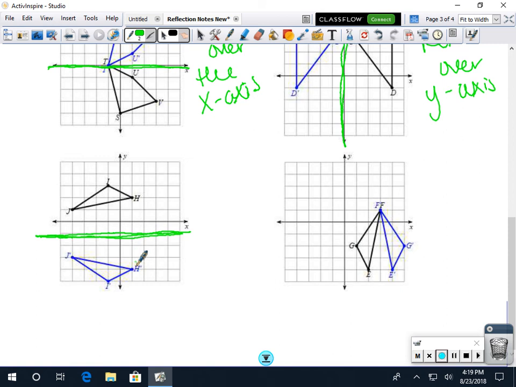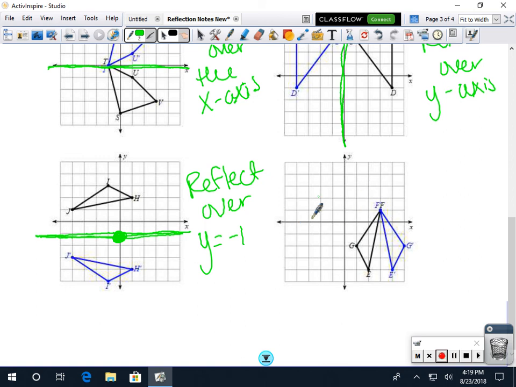H prime is also 3 spaces away. So I know that I'm in the middle between my two shapes here. So this line here would be y equals negative 1, because I go to negative 1 on the y, and it's a line that only goes through that y value. So I'm reflecting over y equals negative 1.